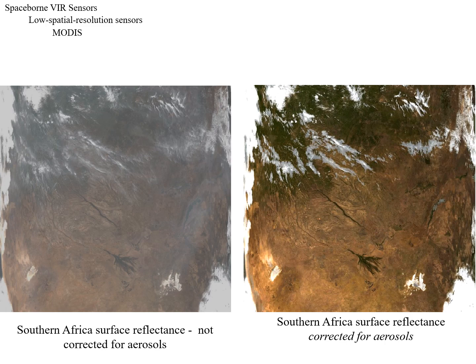So here we have an example for Southern Africa, where on the left we're looking at a surface reflectance that has not been corrected for aerosols. So you can think about this as a top of atmosphere reflectance. That is everything the sensor is seeing from the lens itself down to the land surface.